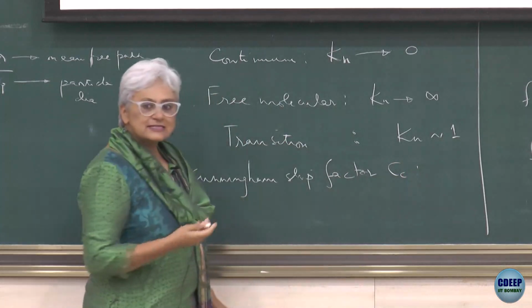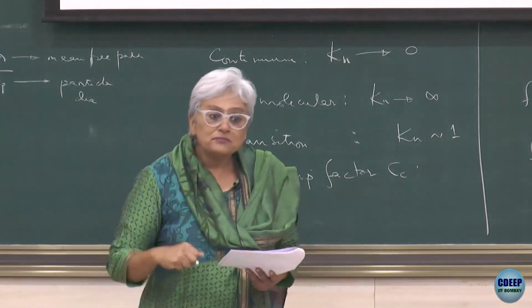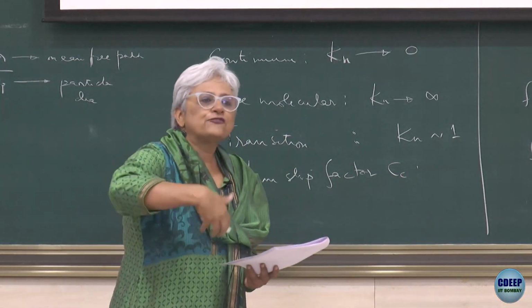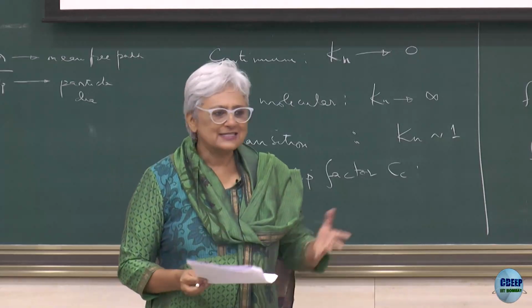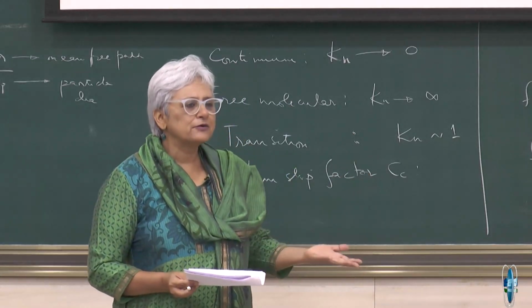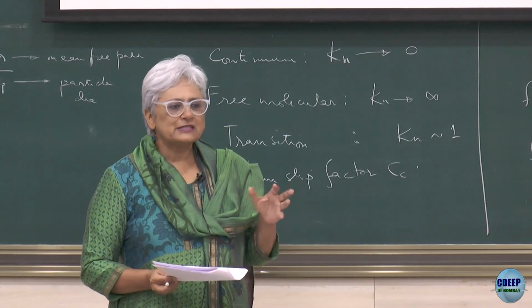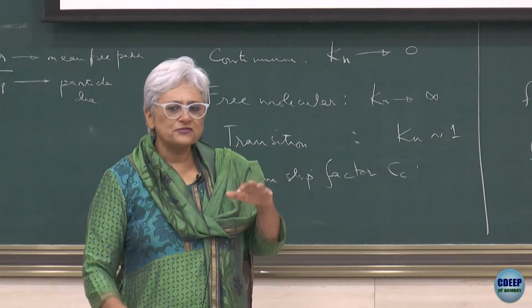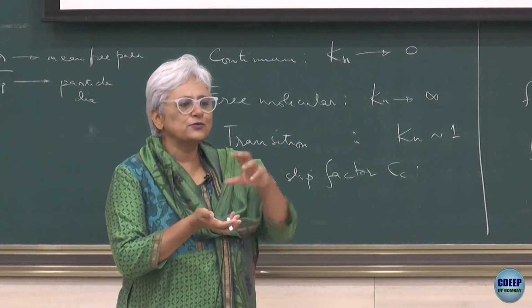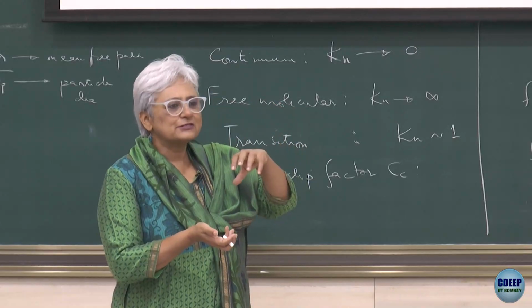And again, the slip factor comes from a fit to experimental data, whether we're talking about the kind of Millikan oil drop experiment type of things where we're really trying to balance forces on a particle.